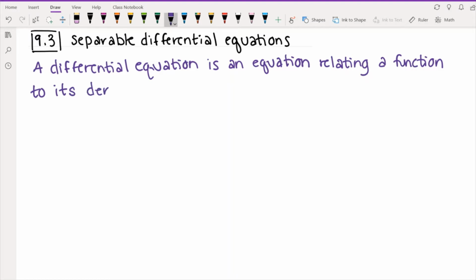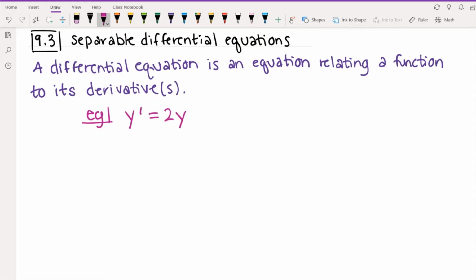And when I say derivatives, we saw in the last video that there could be the second derivative, for example. So an example of a differential equation that we saw in the last video was y prime is equal to 2 times y.